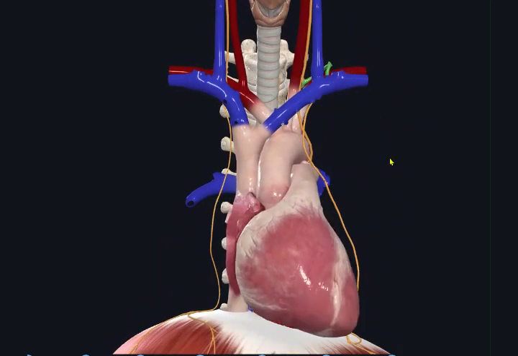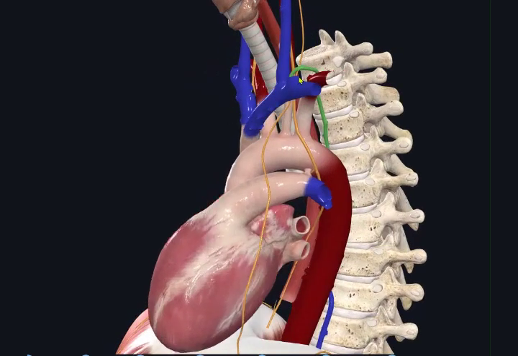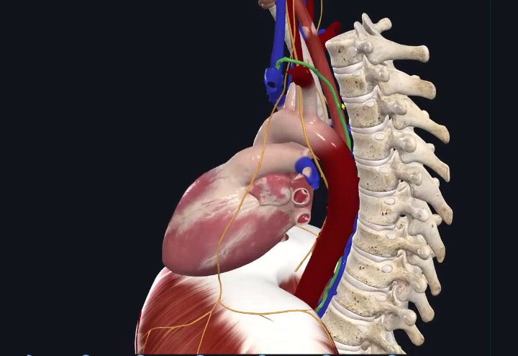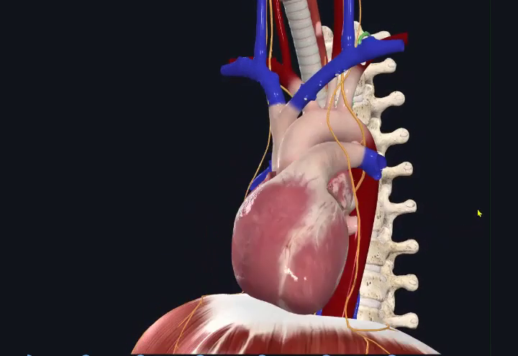Okay, now we can see three ducts. The trachea. Behind the trachea, we can see here the esophagus. Here it is. Behind the left border of the esophagus, we can see the thoracic duct, this green duct, which actually arises in the abdomen.